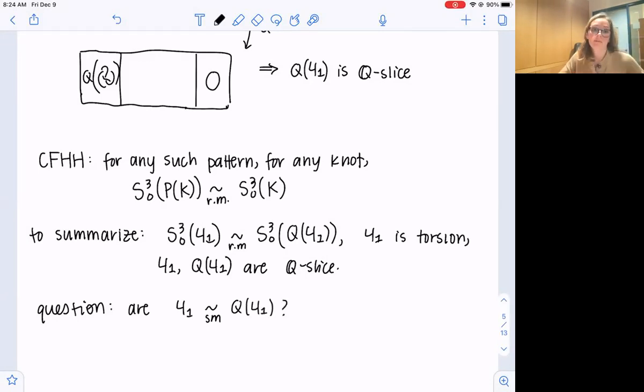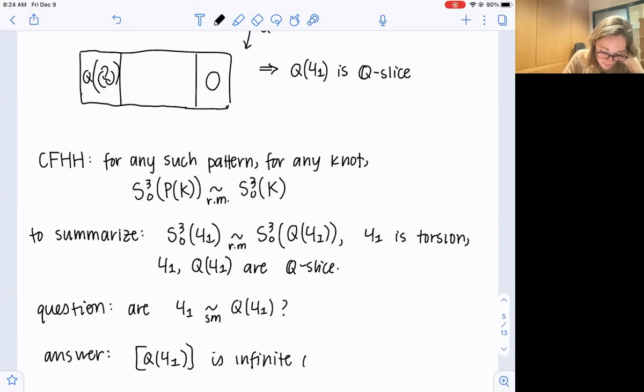And as we've claimed above, the answer is no. And furthermore, we claim that this knot represents an infinite order concordance class. Okay. So I will now show you that that is true.